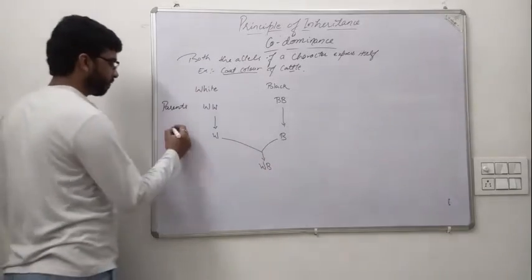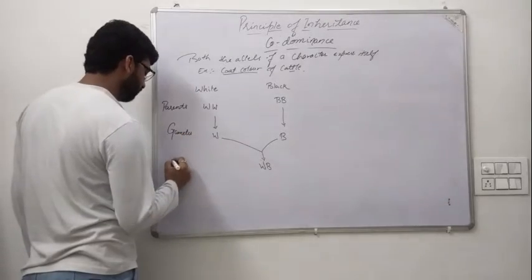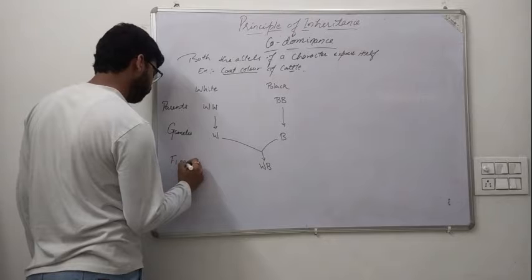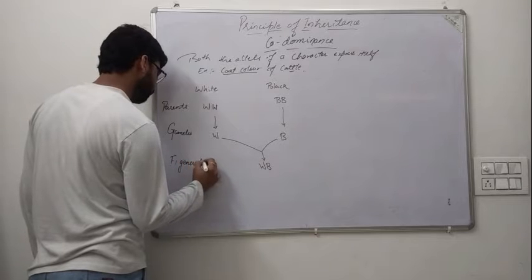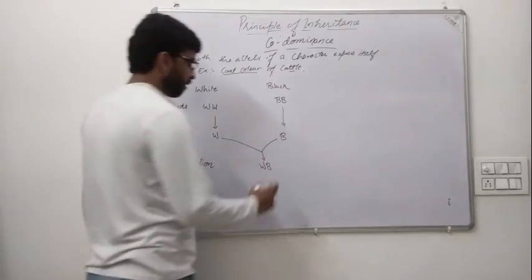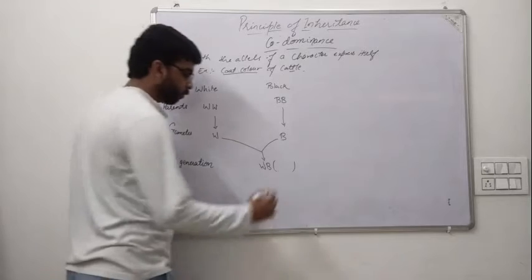This one is the gametes. This one is the F1 generation, and the color of the calf is roan.